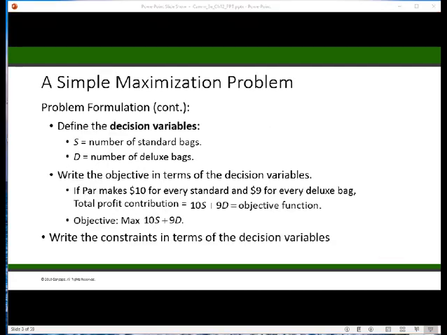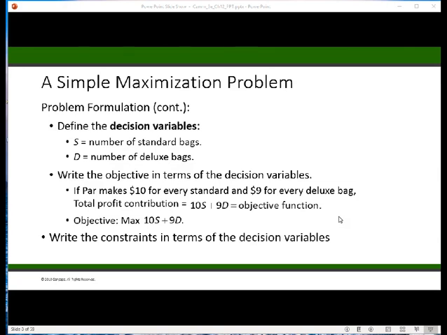So here we've got our decision variables, which is going to be the number of bags produced, standard and deluxe. So S is equal to the quantity of standard, D is equal to the quantity of deluxe.